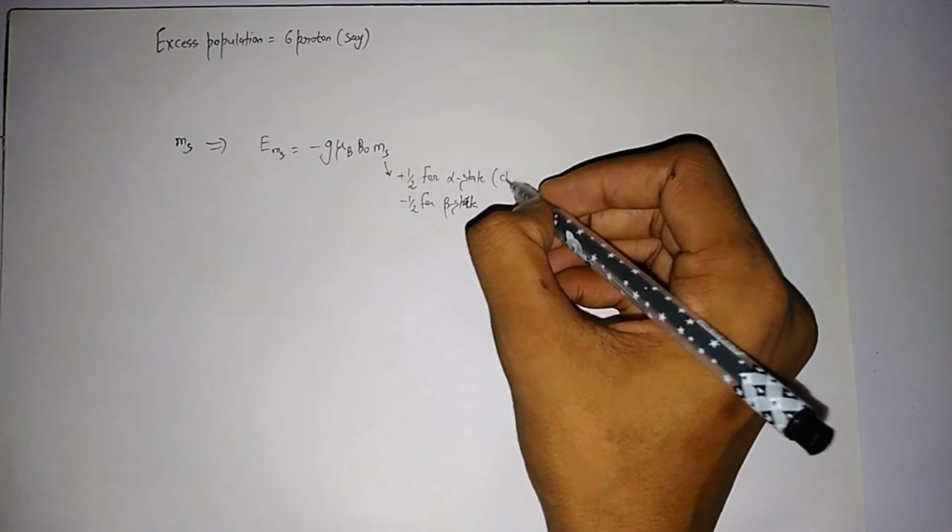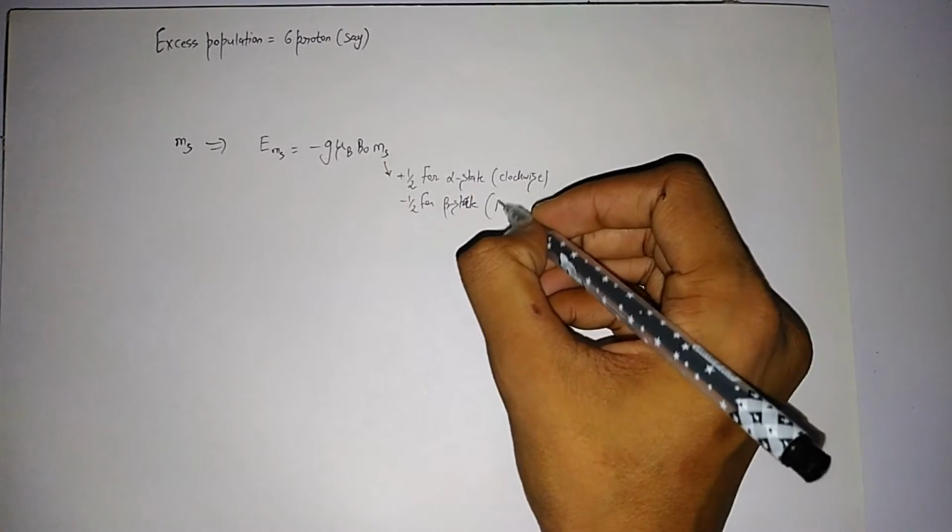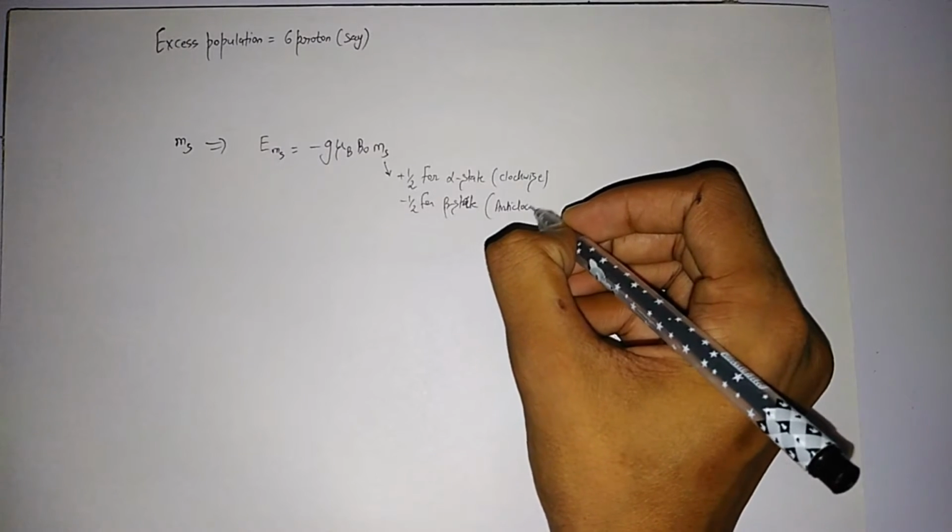Alpha state is for the clockwise and beta is for the anti-clockwise.